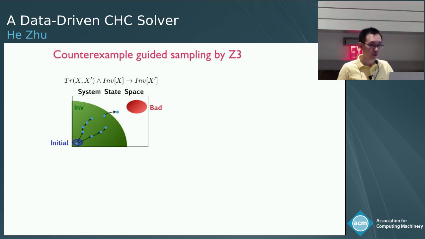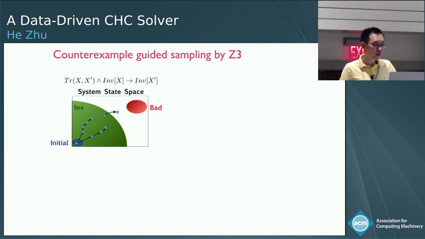We organize all the positive samples we have collected so far as a forest of trees, meaning that for each positive sample, either it can be derived from other positive samples or transitioned from them, or it is an initial state.